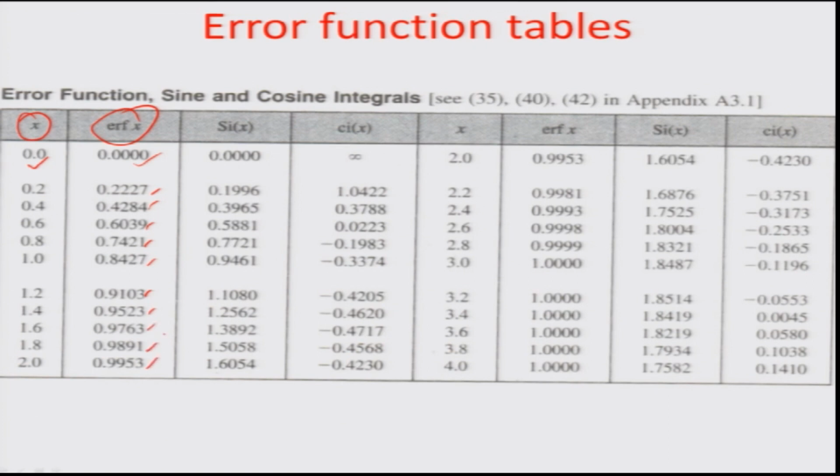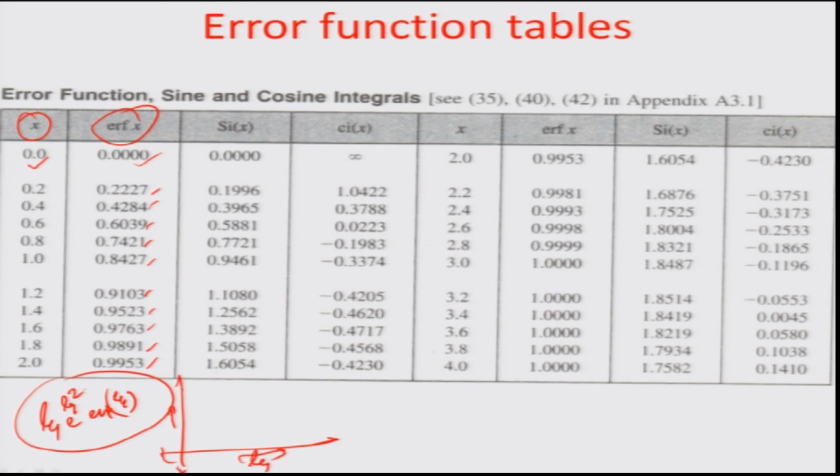And so, the idea is that zeta e to the power of zeta square error function zeta, whatever it be, we had to plot with respect to zeta value in a graph, and various values could be obtained of the zeta corresponding to which the error functions are defined here.